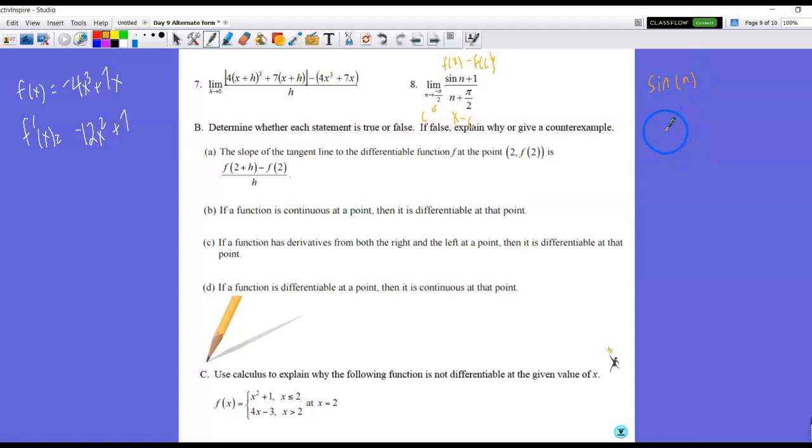The derivative of sine n or sine x is cosine of n, and we're going to evaluate that at pi over 2, and we know that the cosine of pi over 2 is 0, so that expression simplifies to be 0. The explanation here would be the point-specific derivative of sine n at n equal to pi over 2. All right, let's go to part B.